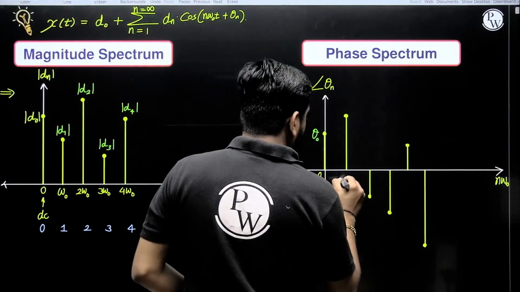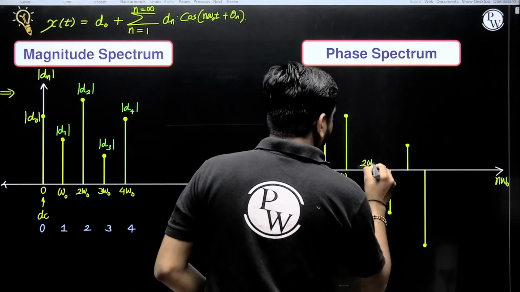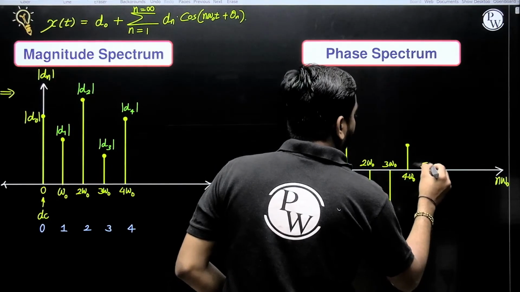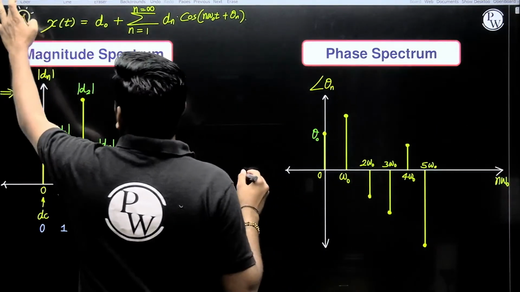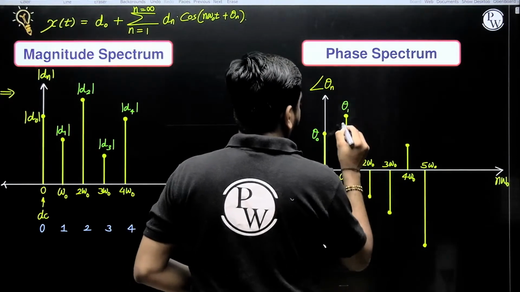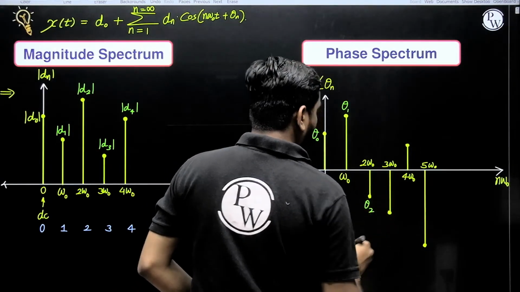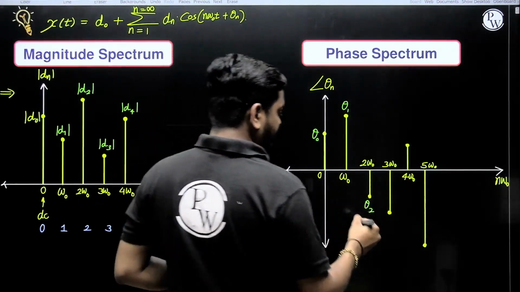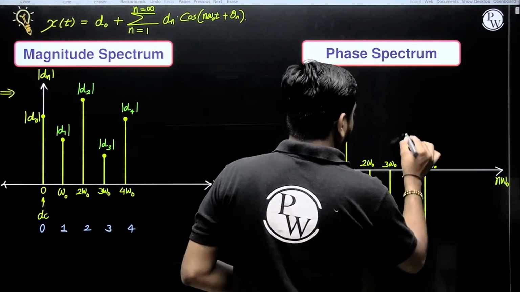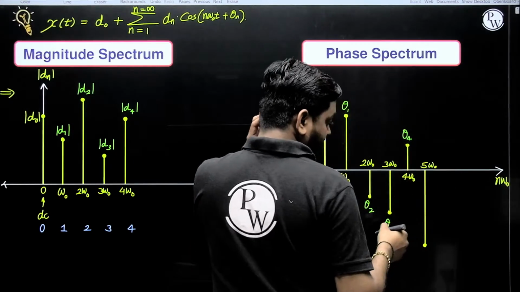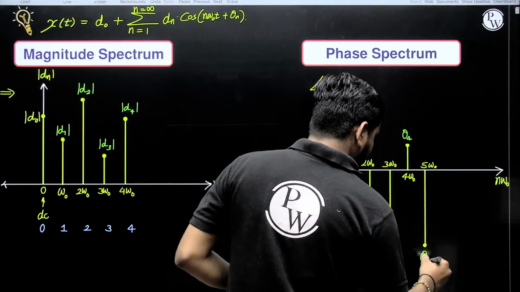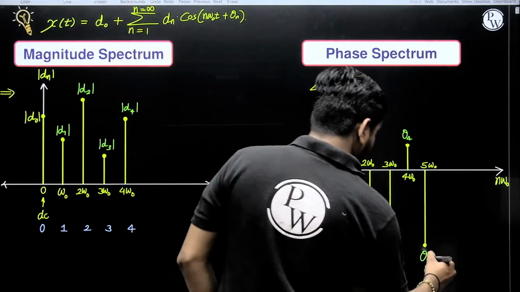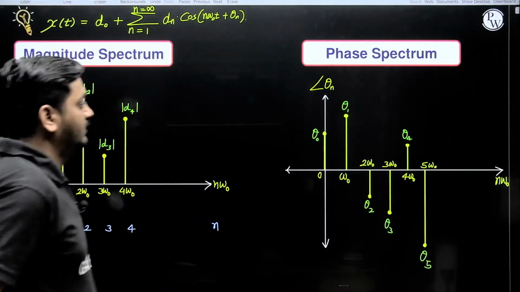So, DC theta 0, and the angle corresponding to the second harmonic. I told you guys, angle can be positive, it can be negative also. Theta 3, theta 4. It can be 0 also. For 5. Got it?